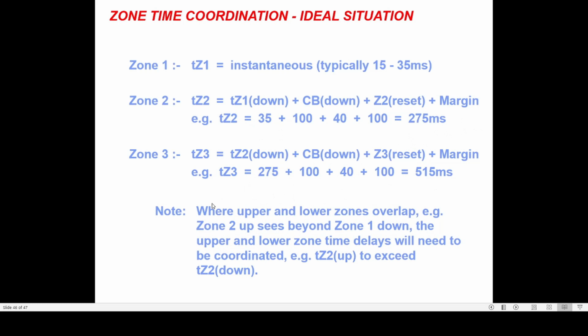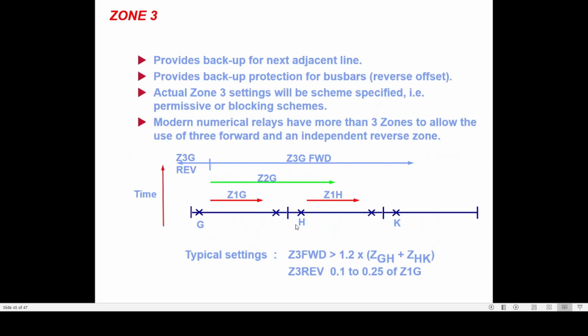In the same way, zone 3 is calculated. Firstly zone 2 will operate, so zone 2 operating time is 350 milliseconds, plus the circuit breaker opening time of, suppose, 30-40 milliseconds. If you consider only 50 milliseconds, 350 plus 50 is 400, plus a reset time of 50 milliseconds, that is 450, plus a coordination time of 50 milliseconds.